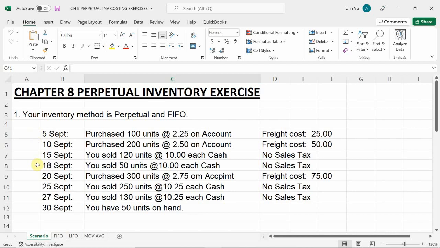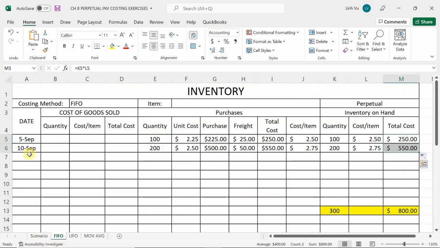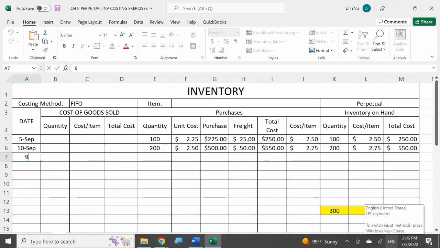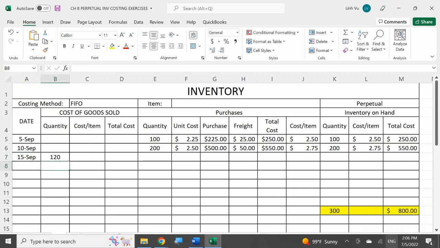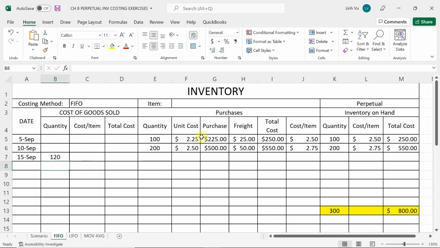It is now September 15. We end up selling 120 units. Let's take a look at my inventory. If I'm using the rules of FIFO, which batch of inventory am I going to sell first? The 100 units at 250. Good.